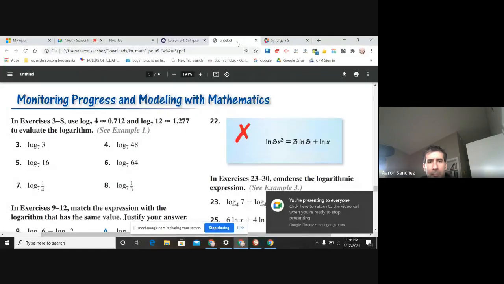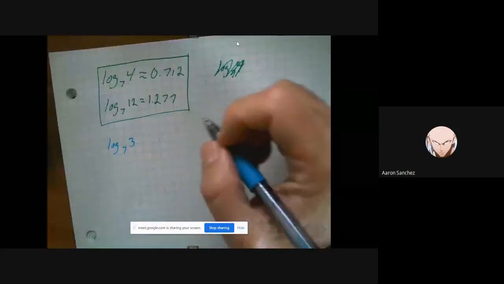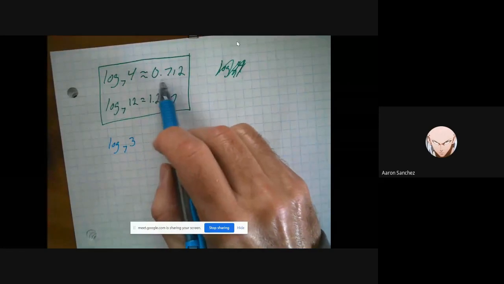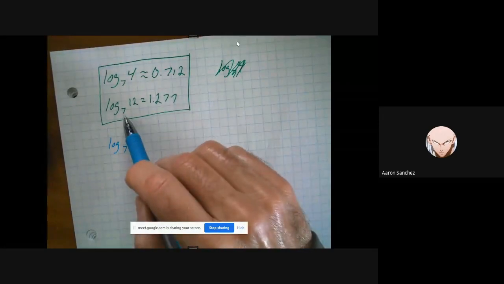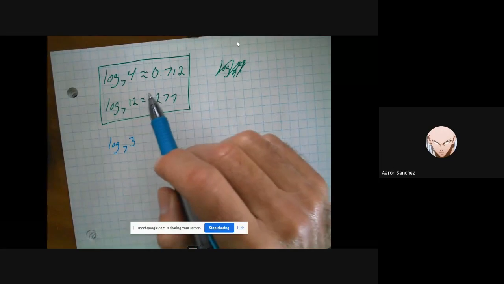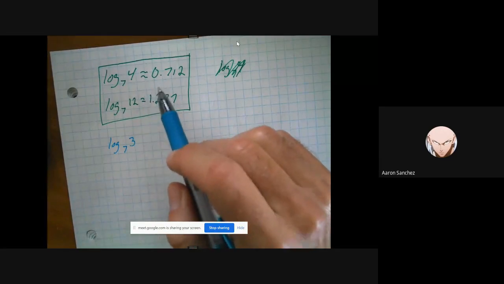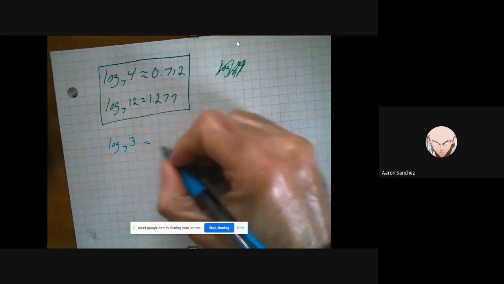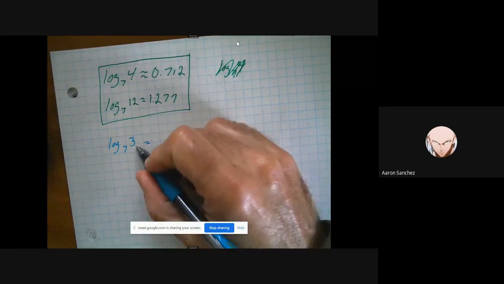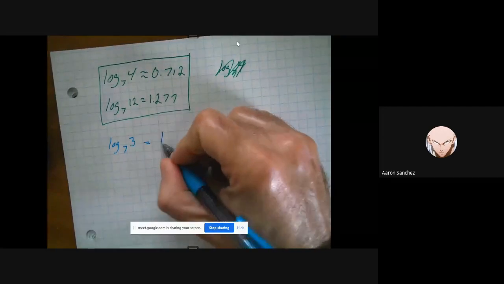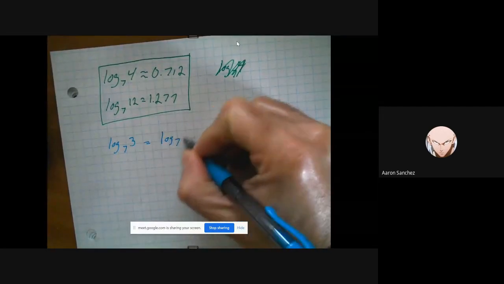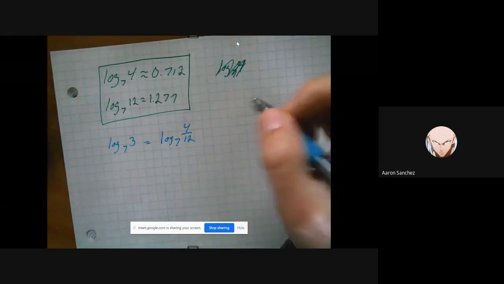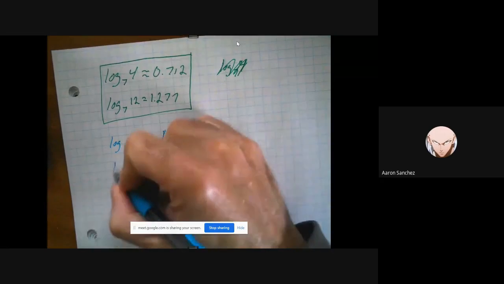Okay, so here we go. We're recording this. Log base 7 of 4 is approximately 0.712. Log base 7 of 12 is 1.277. So let's rewrite this. How can I make this equal to 3? Sorry, I take it back, I'm a horrible teacher.